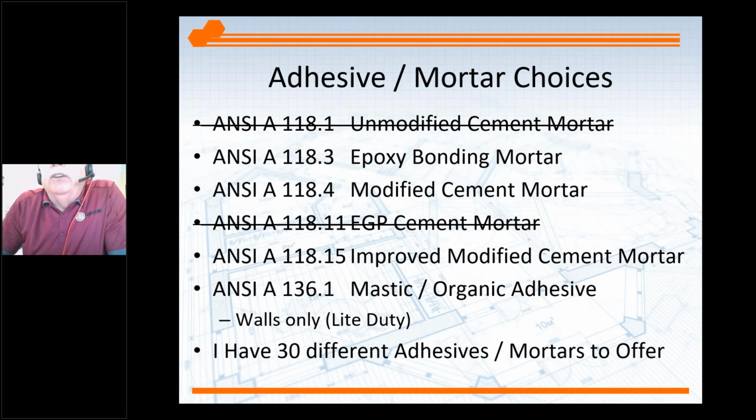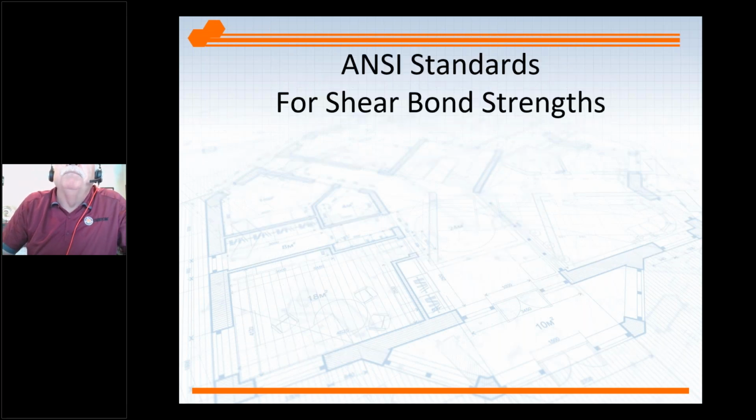You get greater adhesive strengths. And then of course we have our mastics, generally light duty installations, walls only. There are a lot of different mortars, thin sets to choose from. It's always best to talk with your local rep, make sure you're getting the right product for that right installation.